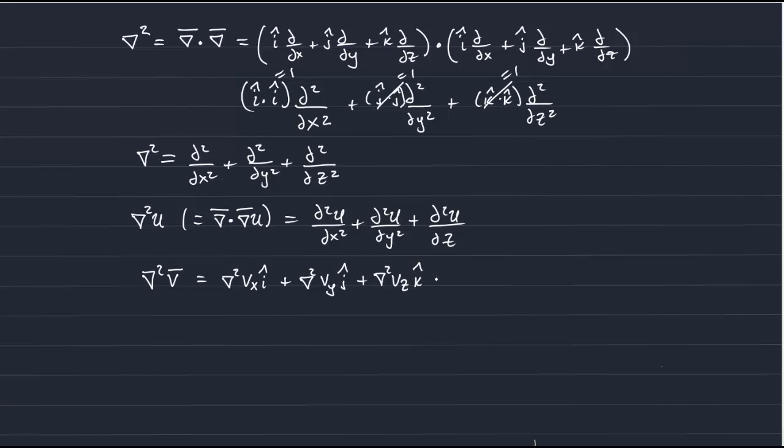For example, if we just write out this first term, that would be the second derivative with respect to x of vx plus the second derivative with respect to y of vx plus the second derivative with respect to z of vx in the i hat direction, plus we could write out the Laplacian of vy in a similar way, and so forth.